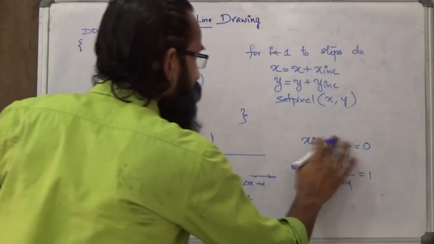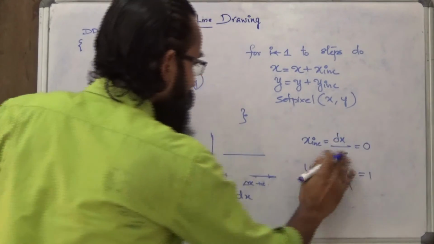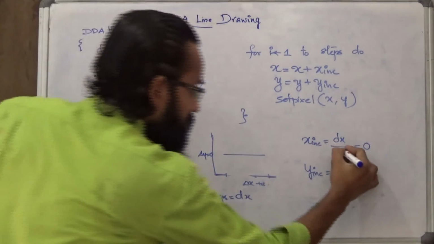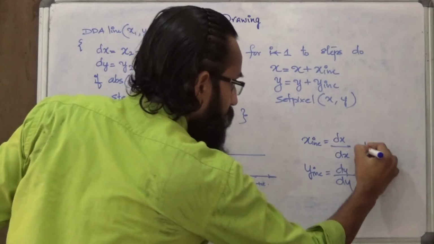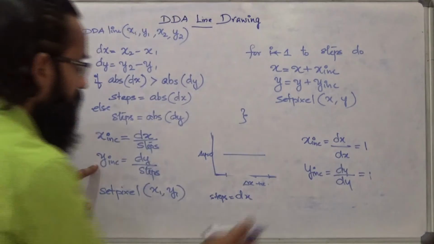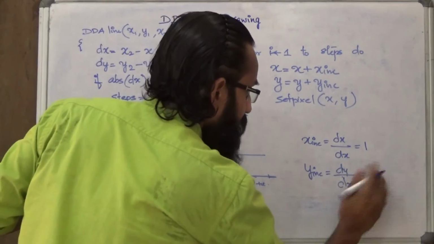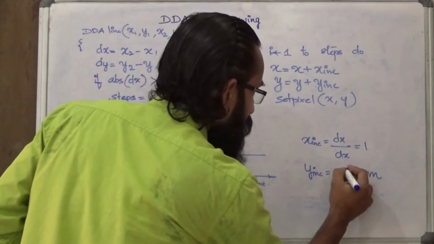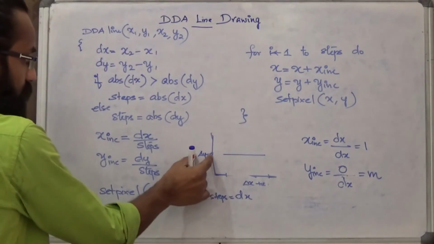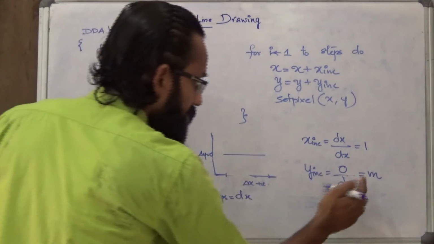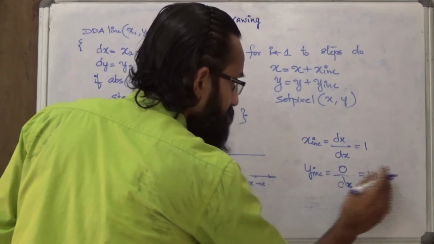X increment is equal to dx by steps, which is dx by dx, equal to 1. Now what about y increment? dy by steps, which is dy by dx, which is actually equal to 0. Delta y is 0, 0 by steps, which is equal to 0.